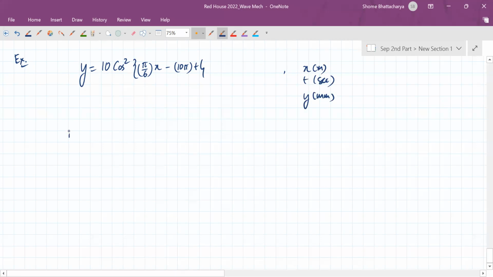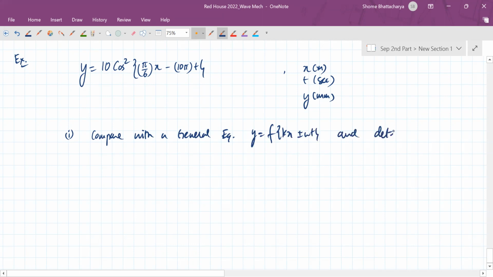So first of all, compare with a general equation, and determine k, omega, v, and direction of propagation.